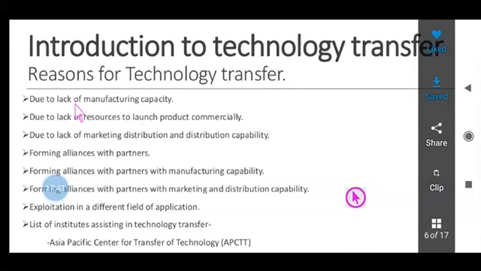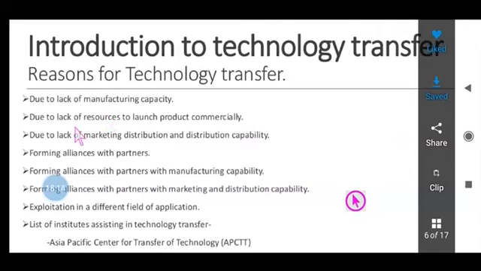The researcher or developer of the technology wants to gain money from his innovation, and that's why he would patent it, and the patent rights may be sold to a person who has the manufacturing capacity. And for this, the technology transfer, this logical procedure will be required.